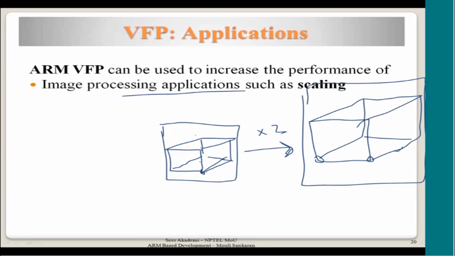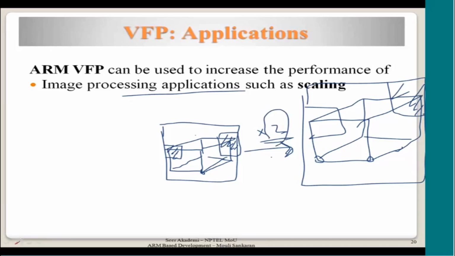Image processing gives you lots of scope for parallelism, because the same logic applied on this part of the image can be applied on that part. Both can happen in parallel because there is no dependency between the two in terms of scaling. This part gets expanded to this part, and the other part gets expanded to that part. So these two parts of the image can be acted on in parallel. It is a good candidate for a vector processor, because with multiple data, the same scaling factor is a single instruction.